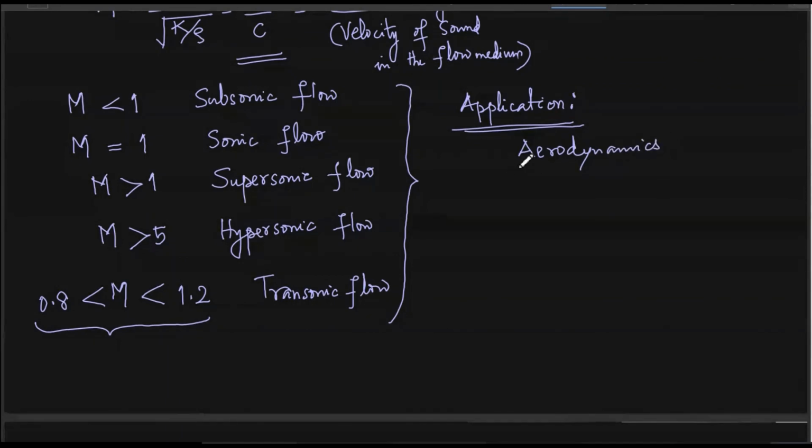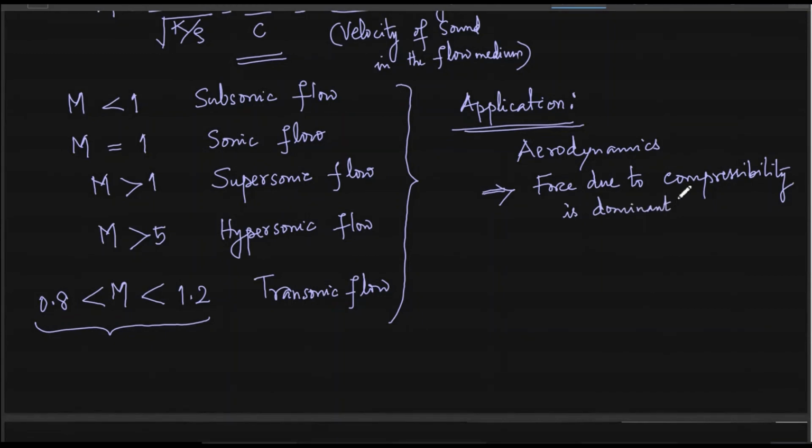So flow problems associated with aerodynamics can use this, where elastic forces or force due to compressibility is dominant or important. That means elastic force is important. So aerodynamics and related flow problems, you can apply this.